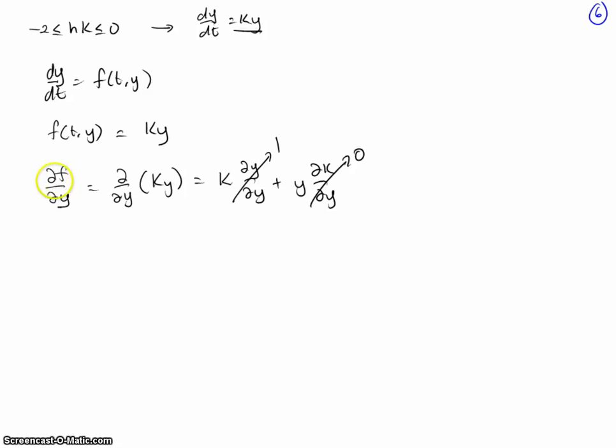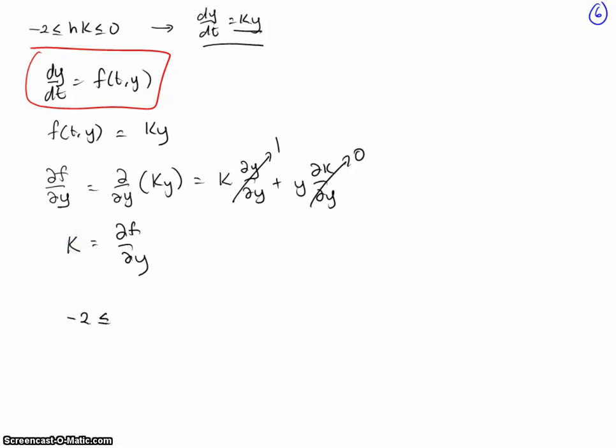So this tells us that k, which is generic in our derivation before, is simply given by df/dy. So if k is given by df/dy and we have a generic ODE like this, the stability criteria can then be written as -2 less than h df/dy less than 0.